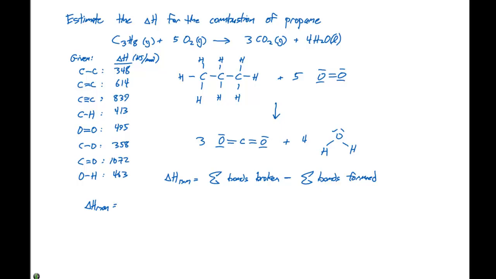So our delta H of the reaction is going to be the sum of the bonds broken. If we look at our reactants, which I've drawn up here, there's going to be 1, 2, 3, 4, 5, 6, 7, 8 carbon-hydrogen bonds that are broken, plus 2 carbon-carbon bonds that need to be broken, plus 5 times an oxygen-oxygen double bond that's going to be broken.